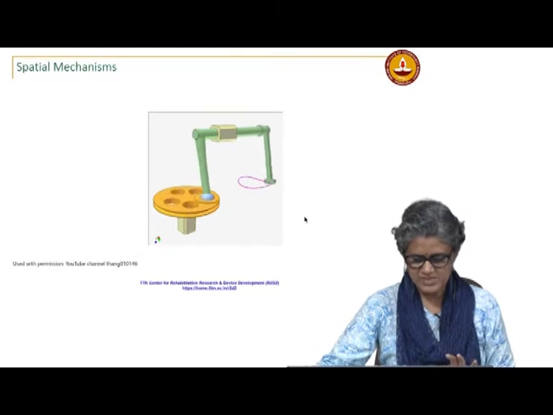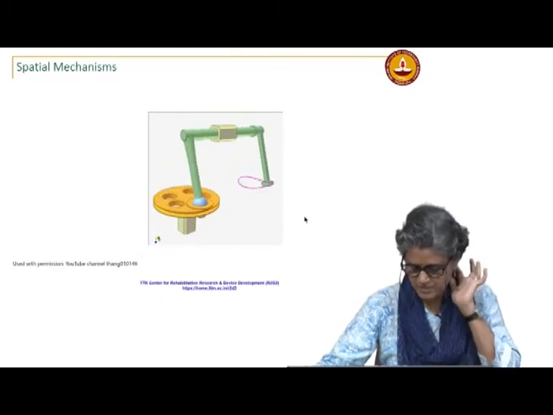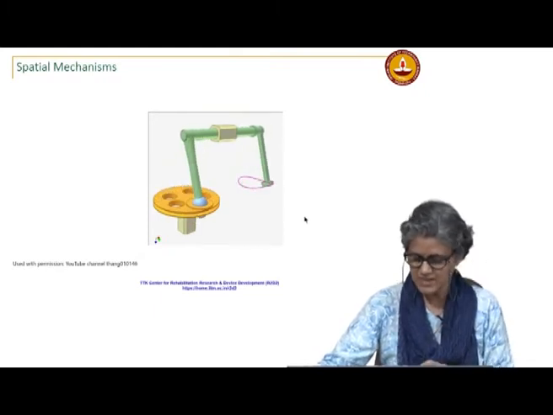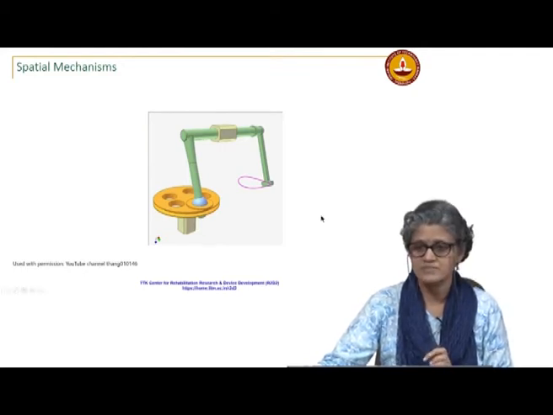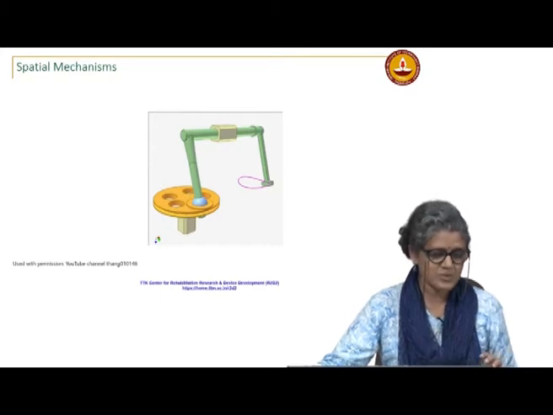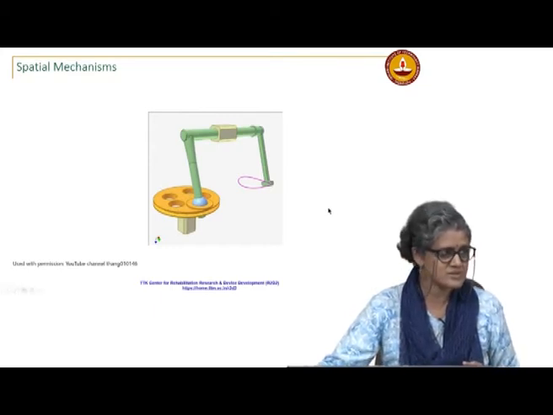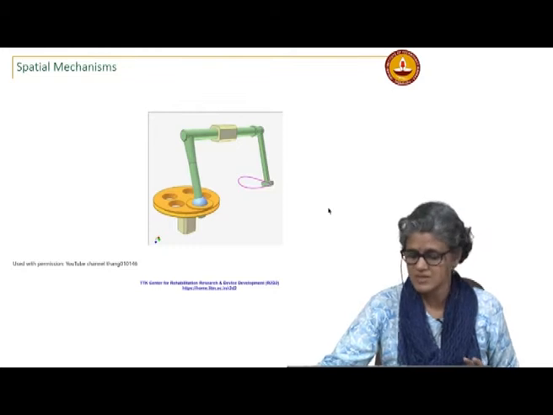This YouTube channel of this person Thang has some very nice animations of several mechanisms. You should go see some of those. I asked him for permission to use some of these videos, and he agreed.